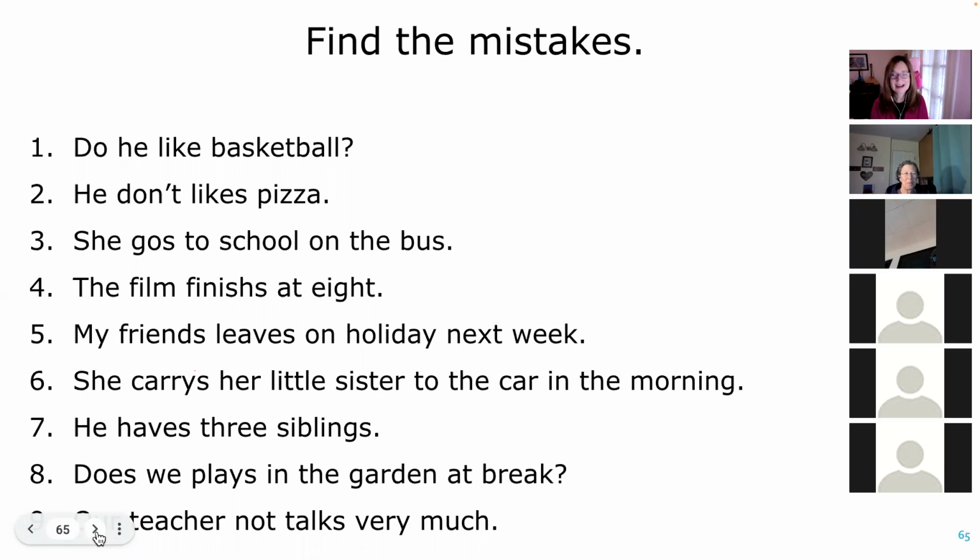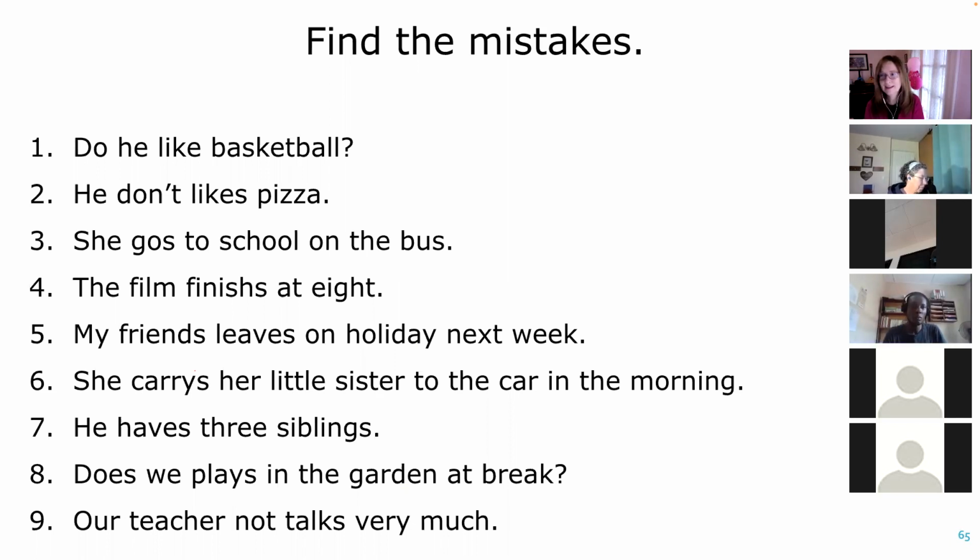All right, so now I'm going to ask you to find the mistakes in these sentences. We have 9 sentences here, and each one has an error that is very common, that ESL beginner learners often make. I want to see if you can find the errors.